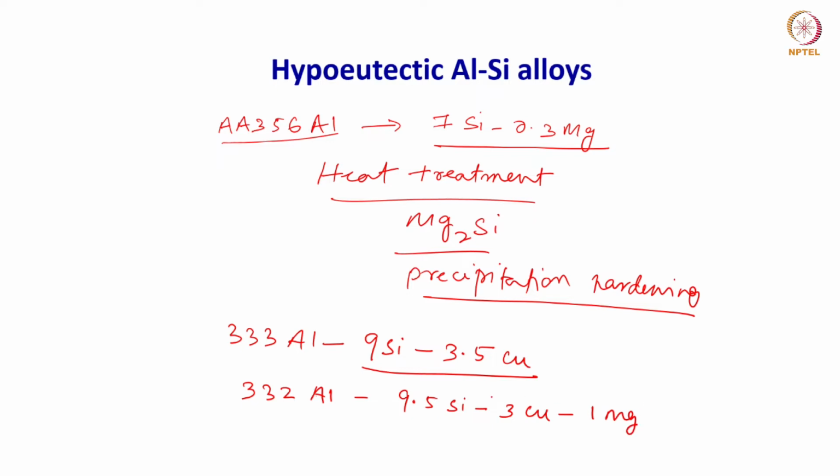Castability, as I said, is one property that is really very good in these alloys. But apart from that, you also have good corrosion resistance. Their weldability is also good.